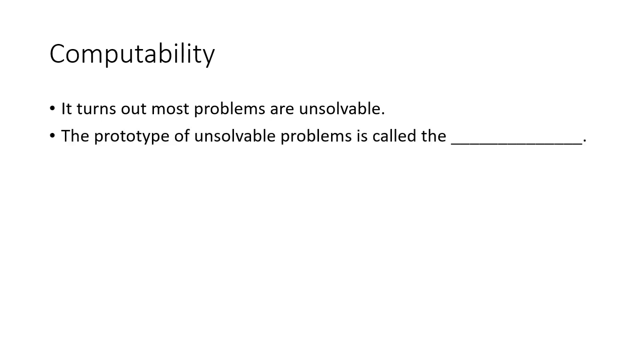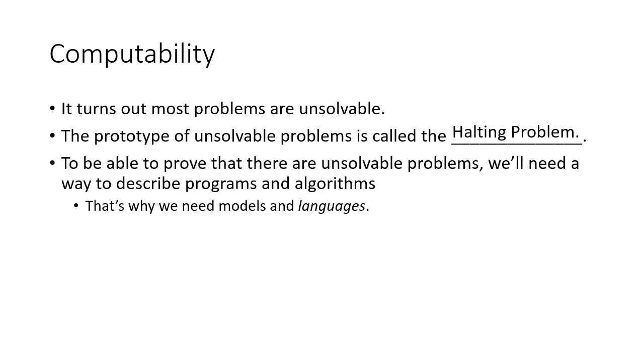So with computability, it turns out, by the way, most problems are unsolvable. The prototype of unsolvable problems is something called the halting problem, which we'll see later in this course. Now, to be able to prove that there are unsolvable problems, we'll need a way to describe programs and algorithms. And that's why we need models and languages.